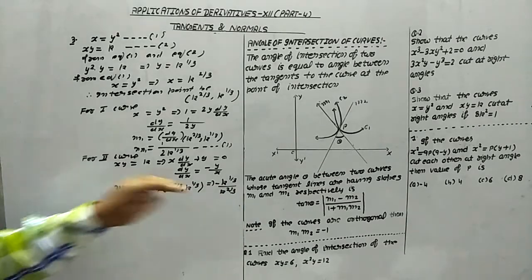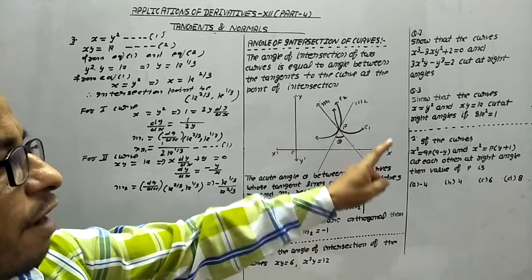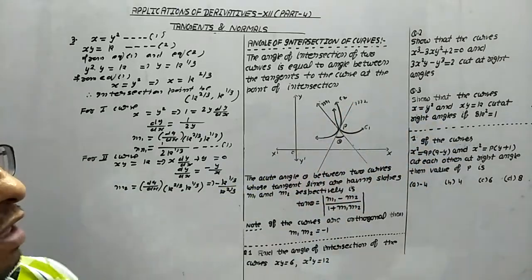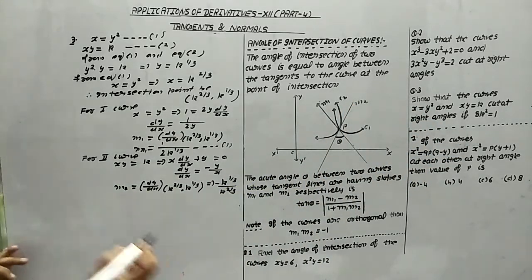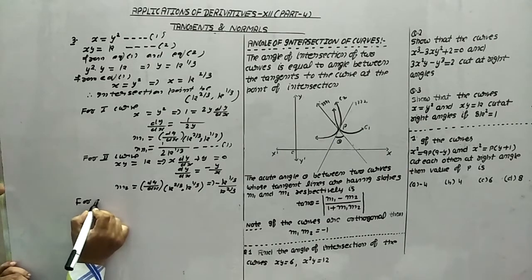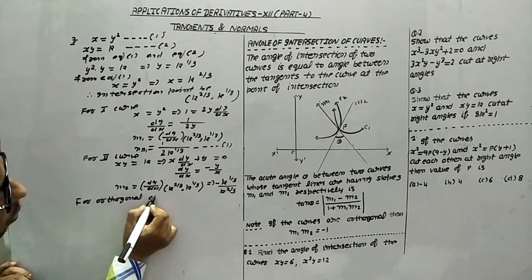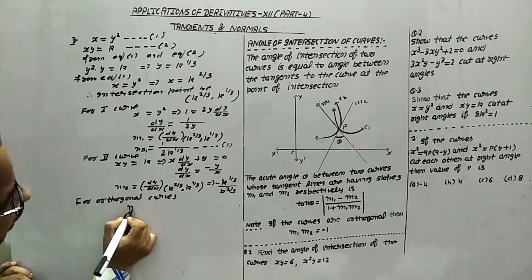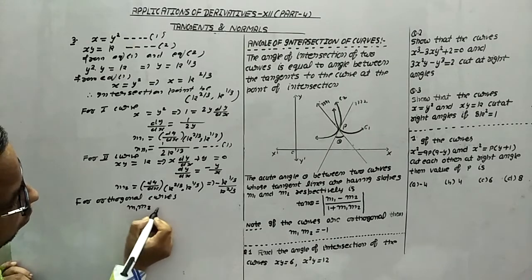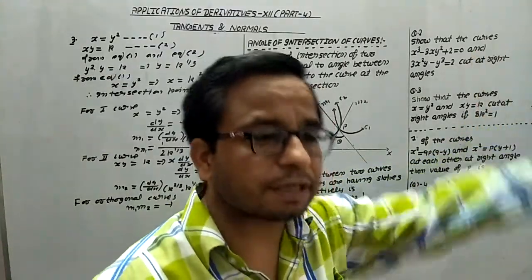Now in this question we have to show that if the curves intersect at right angles, then 8k square is equal to 1. First of all, let us take for orthogonal curves m1 m2 is equal to minus 1, and we will show this condition.